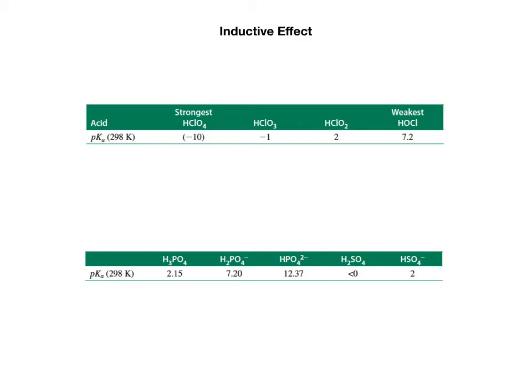So having an electronegative atom as a central atom would likely stabilize the negative charge produced after the ionization, and that would lead to the prediction that the more to the right-hand side of the periodic table, the more likely you will see a stronger acid.